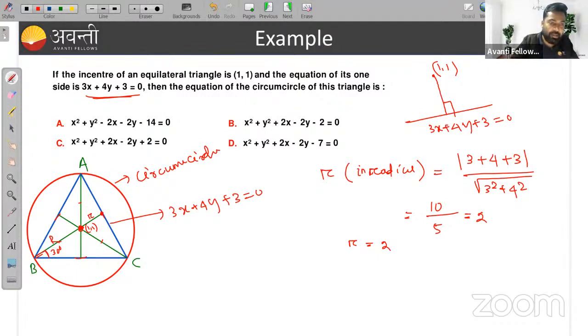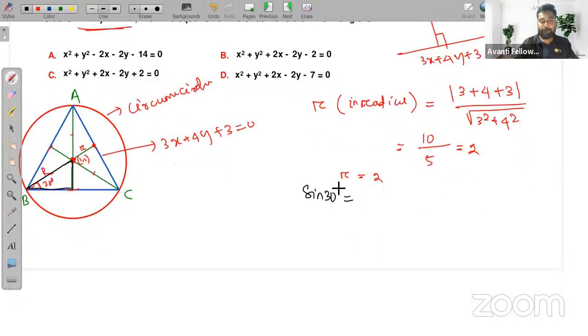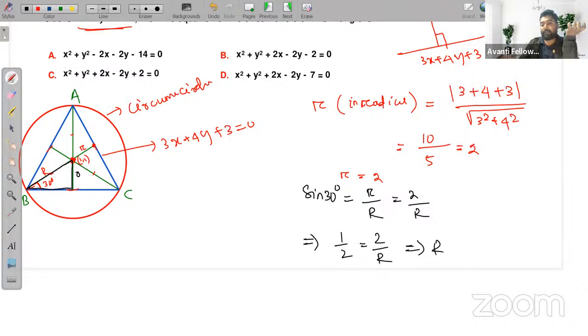In this right angle triangle, sine 30 will be perpendicular upon hypotenuse, and the perpendicular is small r upon capital R. We got small r as 2, and sine 30 is 1 by 2, so 1/2 = 2/R. So capital R is 4.